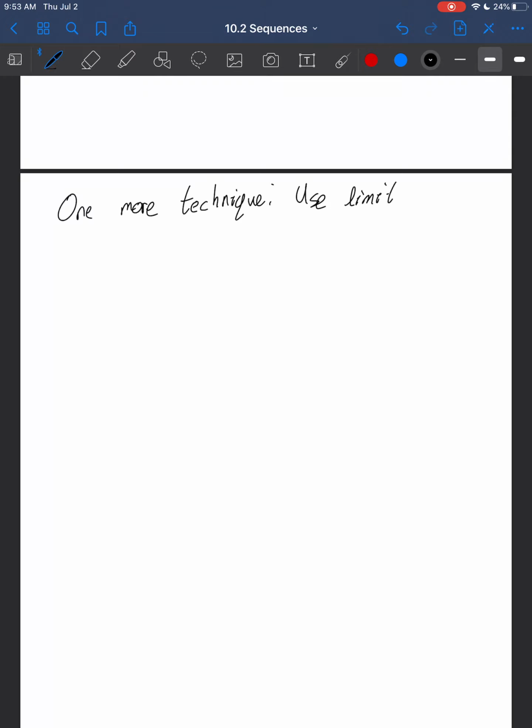And this is going to be to use limit rules. Okay, so this is best demonstrated with an example. So the limit as n goes to infinity of n to the 3/2 over n to the 3/2 plus 1.